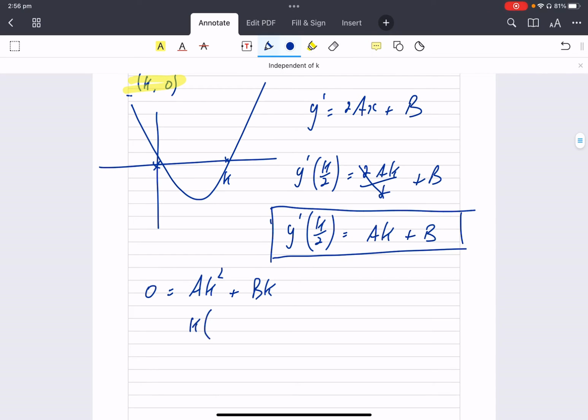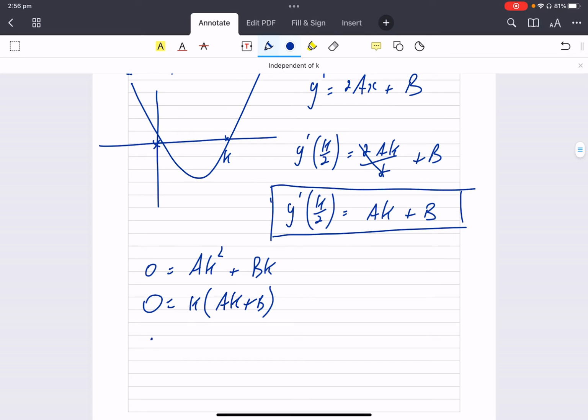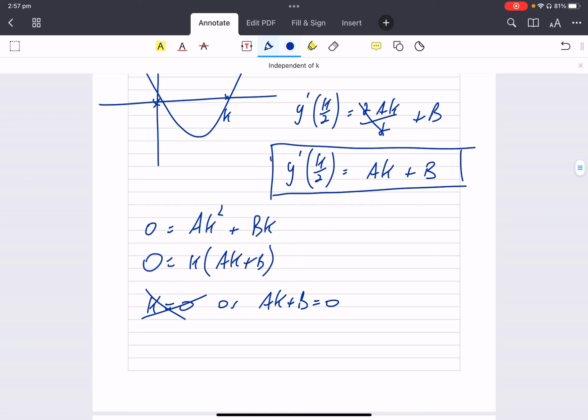So ak squared plus bk, I'm just going to factorise that, because you can see here that either k must be 0 or ak plus b must equal 0. Well, k can't equal 0 because k is out here. So therefore we can see b must equal the minus of ak.